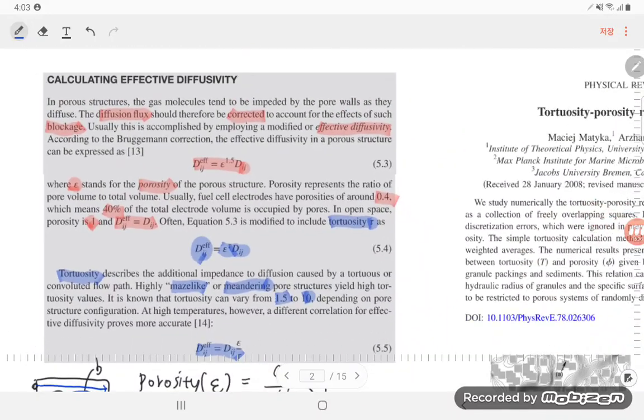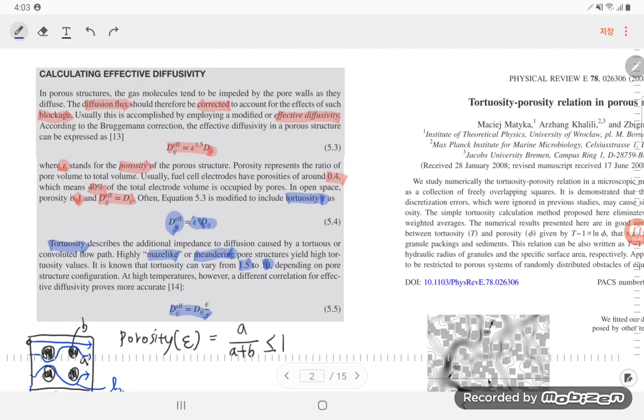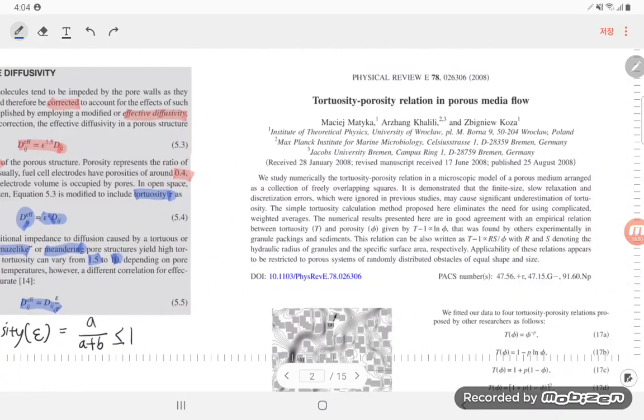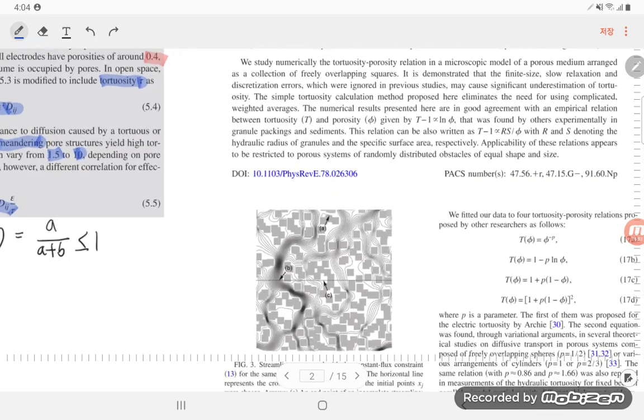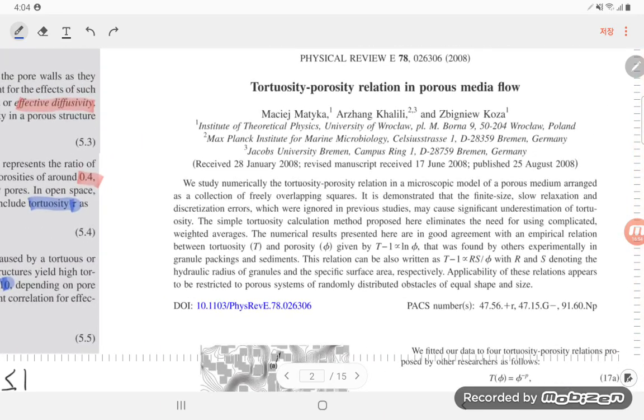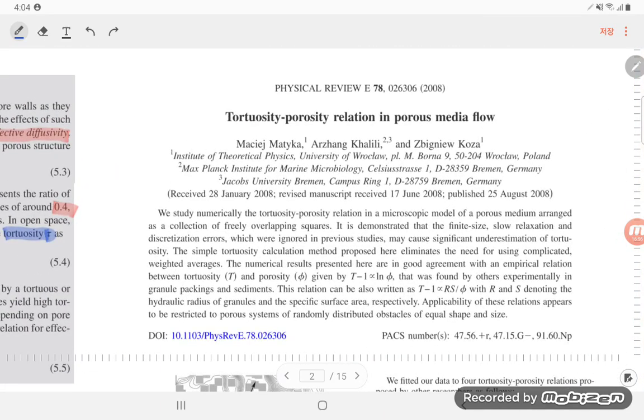Okay, to solve the problem in the example, we will use this one. But I have some questions about the relation between the tortuosity and the porosity. So I found a paper, and in here they mentioned that there is a very close relation between the tortuosity and porosity.